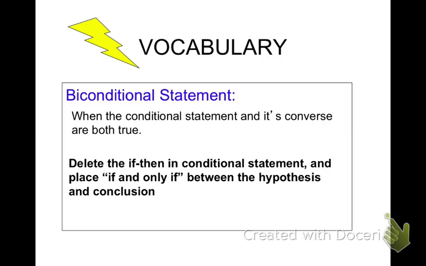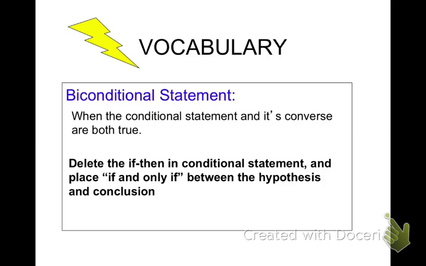So place the words if and only if between the hypothesis and conclusion.